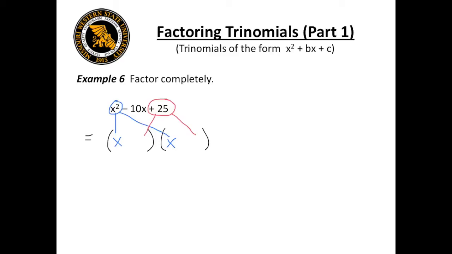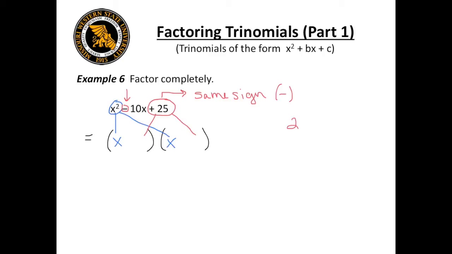Since that is a positive 25, we know that the numbers we choose must have the same sign. Furthermore, since the sign of the middle term is negative, we know that both numbers we choose must be negative.